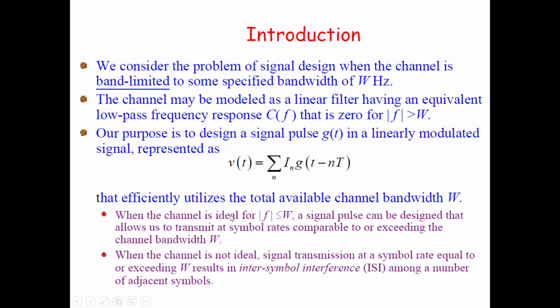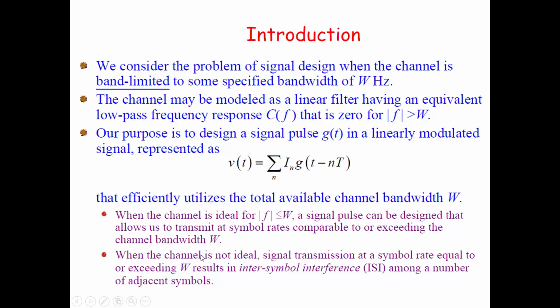Now, when the channel is ideal for mod f less than or equal to W, a signal pulse can be designed that allows us to transmit at symbol rates comparable to or exceeding the channel bandwidth. But this is in the case when the channel is ideal. Actually, that's not the case in practical situations.